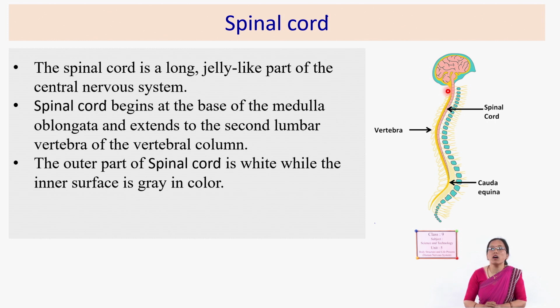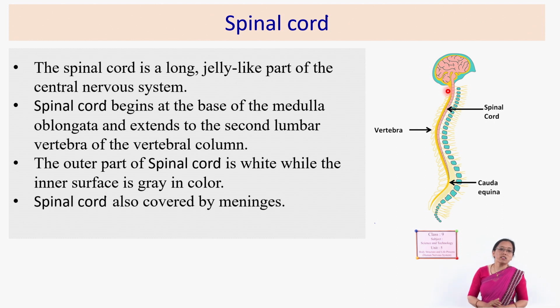But in the spinal cord, white matter is in the outer part and grey matter is in the inner part. Grey matter is made up of axons of the neuron. And the spinal cord is also covered with meninges, just like the brain. In the brain we discussed 3 layers of the meninges. Here also it is covered with meninges.